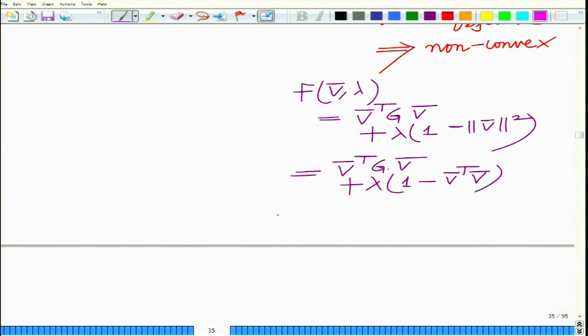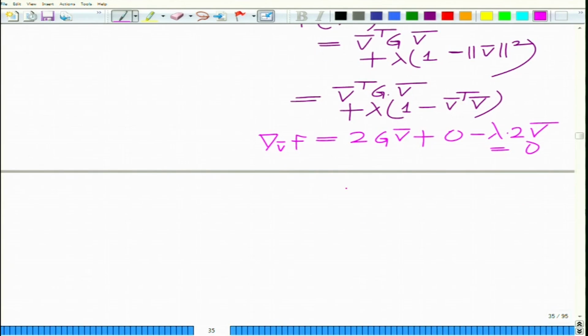Now, take its gradient with respect to V bar: the gradient of V bar transpose G V bar is twice G V bar, plus the gradient of lambda is 0, minus lambda times the derivative of V bar transpose V bar, which is twice V bar, so minus twice lambda V bar, and this is equal to 0.